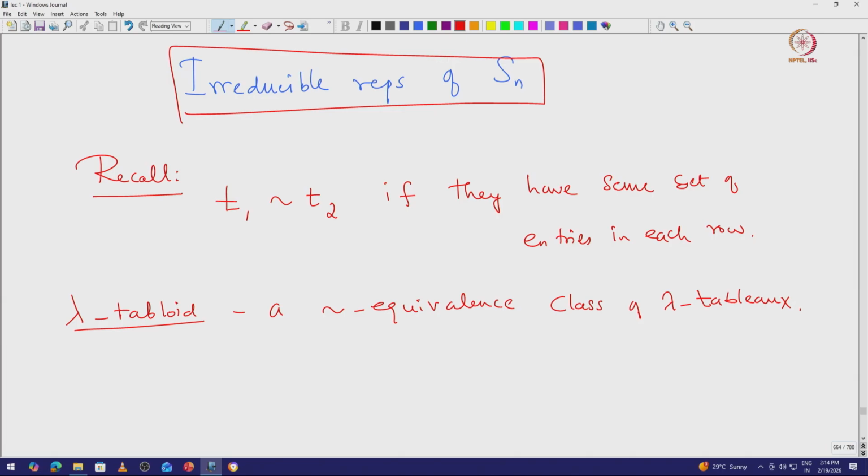This means if I fix a lambda tableau, and I fix a row and permute the entries, it gives an equivalent lambda tableau, and we collect all of them as one equivalence class. That is what we call a lambda tabloid.